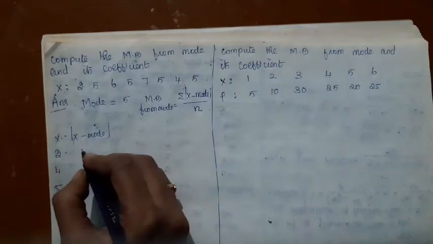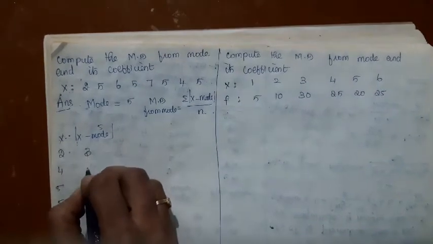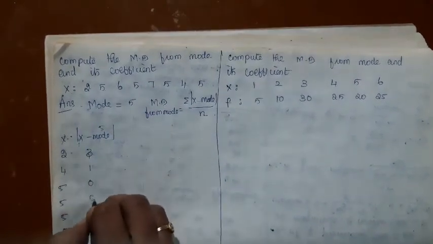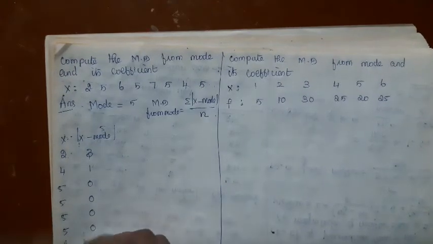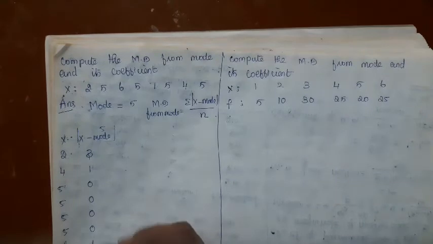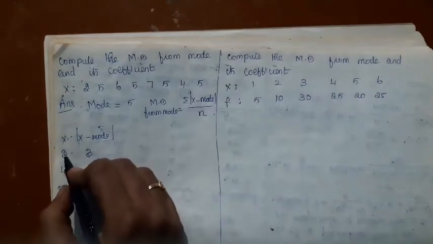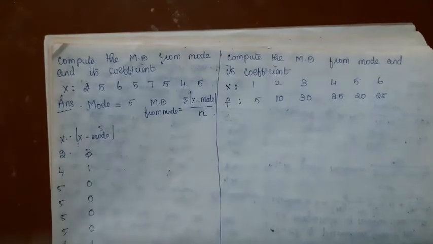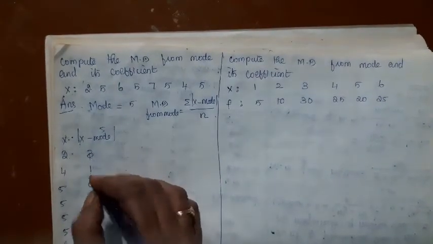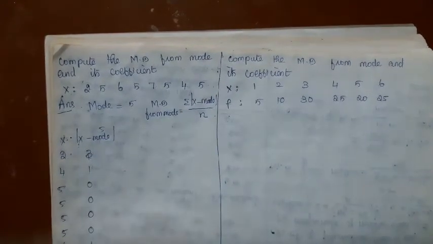Modulus of x minus mode: 2 minus 5, 4 minus 5, 5 minus 5, 5 minus 5, 5 minus 5, 5 minus 5, 6 minus 5. 2 minus 5 is minus 3, but you are writing it as plus 3 because you have modulus here. Add all these values.